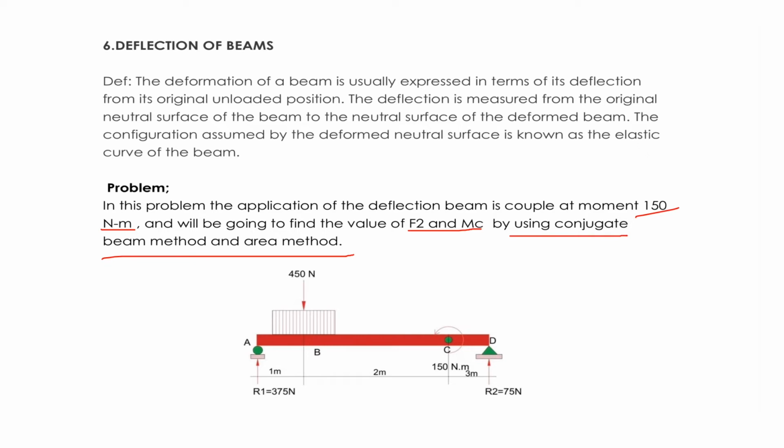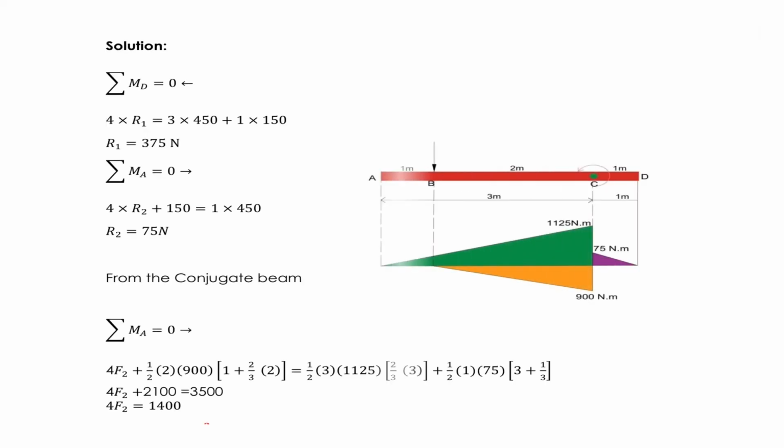A roller support is acting on section A, and a hinge support is acting on section D, and a moment is acting on section C at 150 Newton meter. As a solution, we have to find the moment at D first. Moment at D, we have to find out. Moment is counterclockwise.